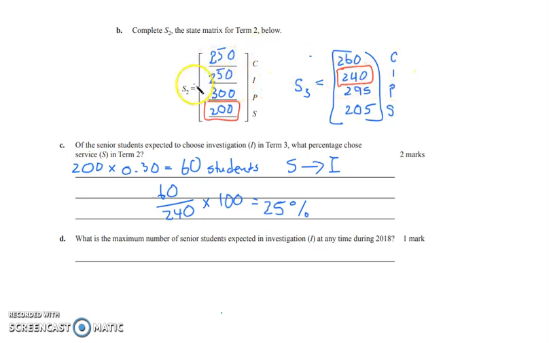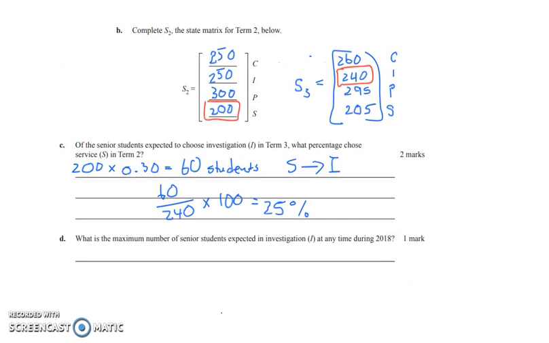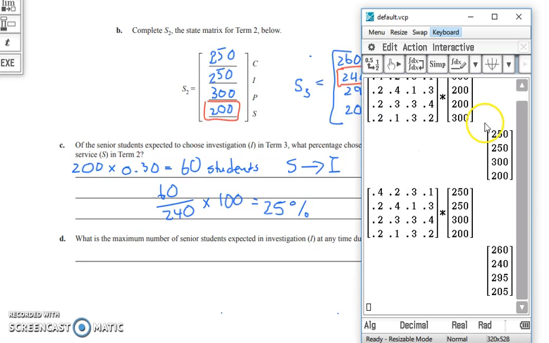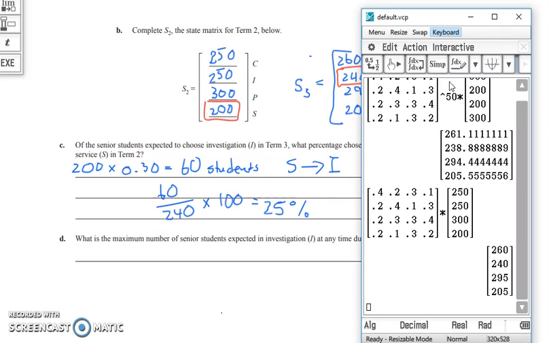We've got 250 students completing it in term 2, and in term 1 we had 200 students completing it. So we could go into our CAS calculator and try to find the steady state for this. We go up here, this first one, find the steady state, and put it to a large power.